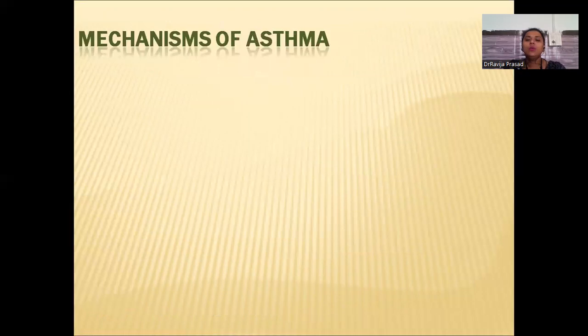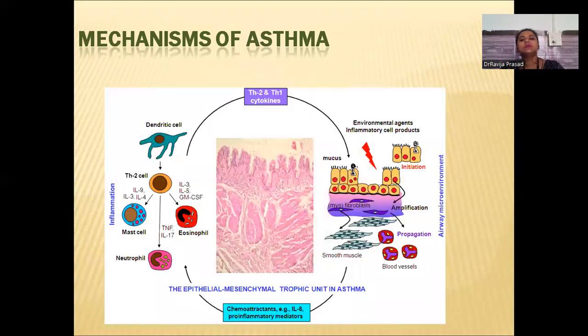Now, what is the mechanism of asthma? As is known, it's a chronic inflammation. So, in the mechanism of asthma, leukotriene and cytokines lead to environmental agents causing inflammatory stress.